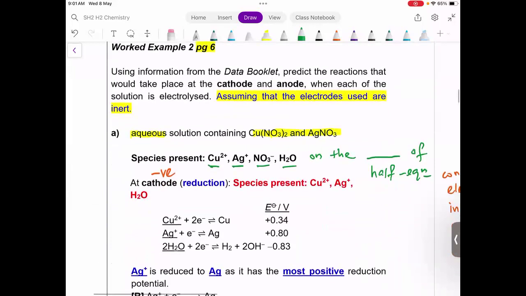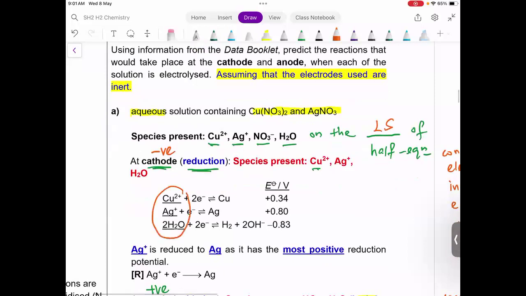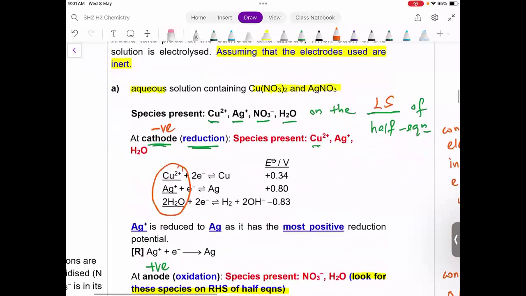When we are considering the cathode, which undergoes reduction, we must actively look for this species on which side of the half equation? Left side. So these are the species on the left side. And which one is the most positive? Silver. Silver being the most positive will be the one that is preferentially discharged.